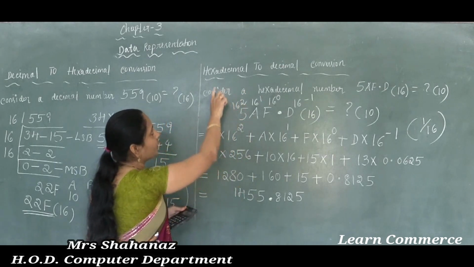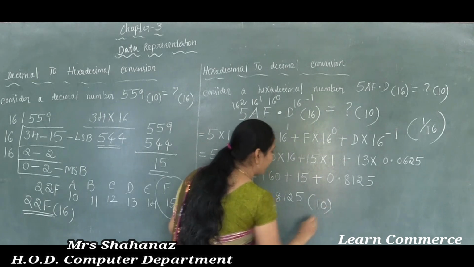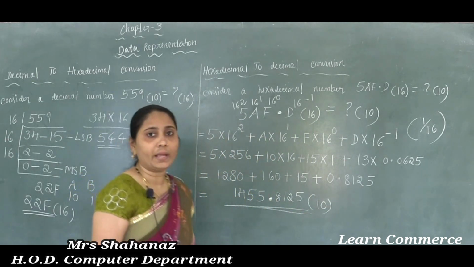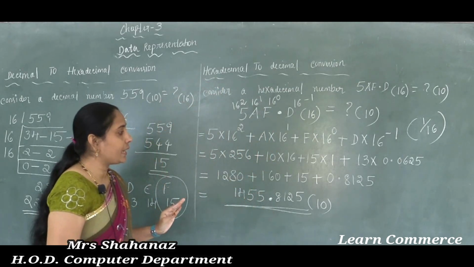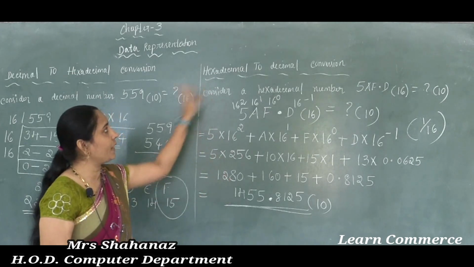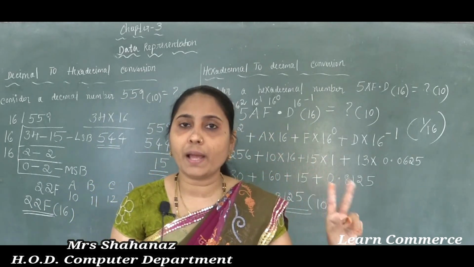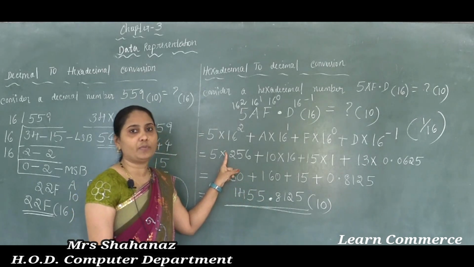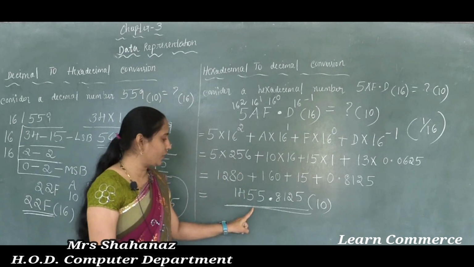1455.8125, and we already wrote the hexadecimal to decimal conversion. So this is the answer for our hexadecimal to decimal conversion. Here when converting from hexa to decimal, two very important steps: multiply each digit of the hexadecimal number by its positional weight, that means the hexadecimal positional value is 16, and add all the products.